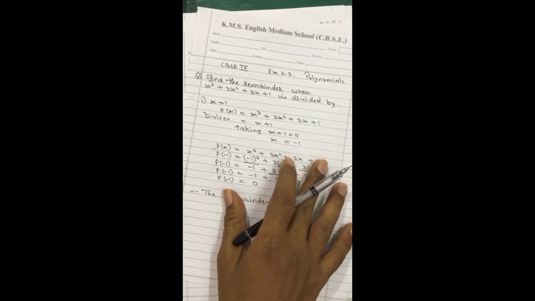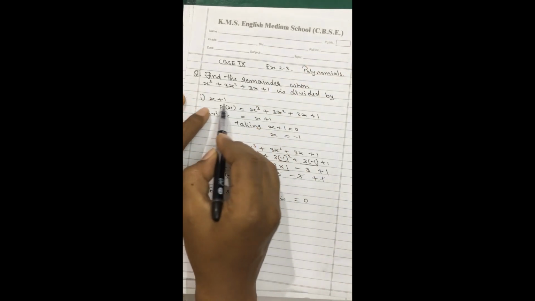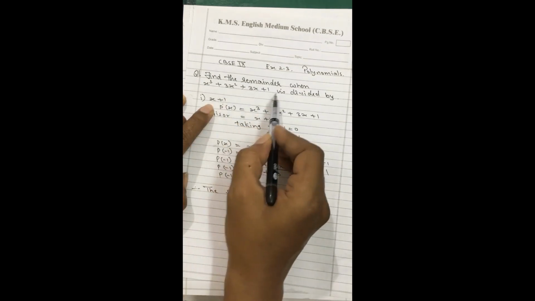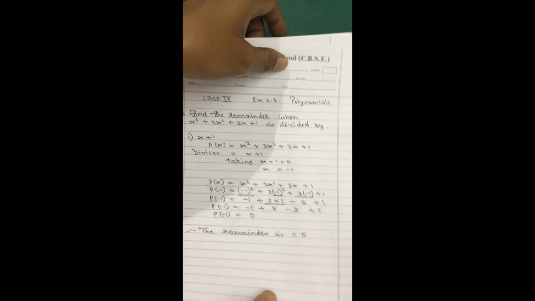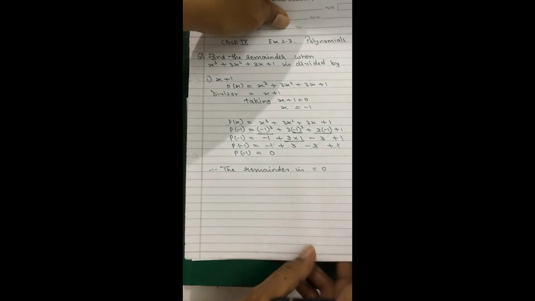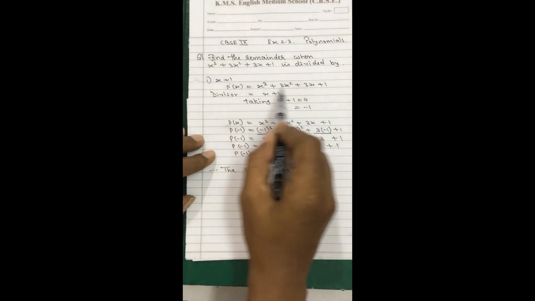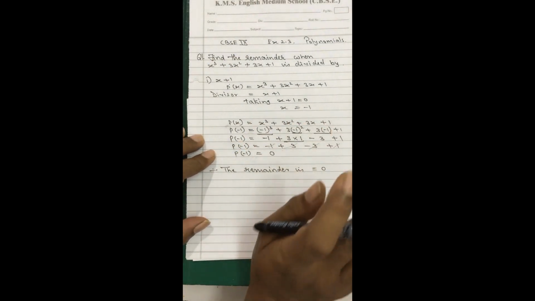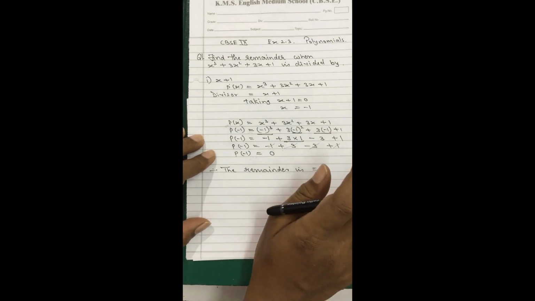Fine. Similarly, when we have a dividend and a divisor, at that time when we substitute this value in the dividend, the end answer is the remainder. If they ask us the remainder, just give the remainder.